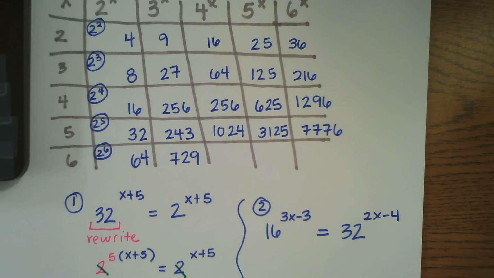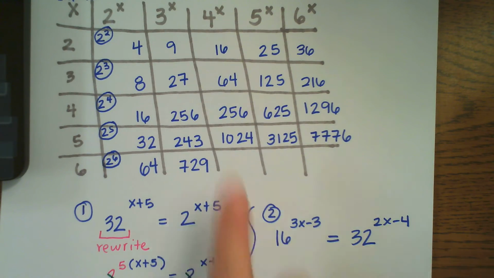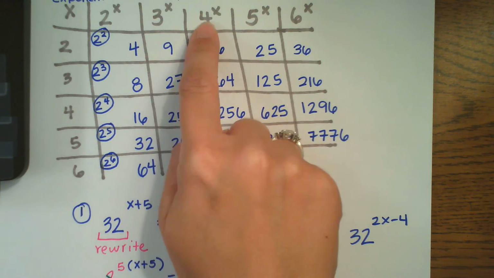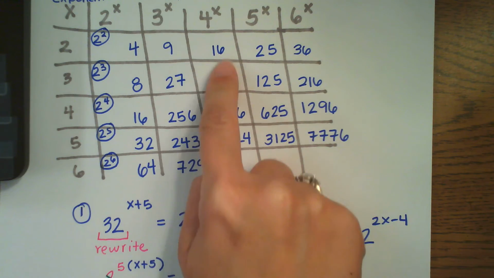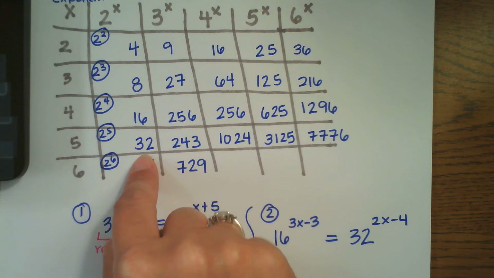So I'm checking out 16 and 32, and they have to be in the same column. I see 16 is 4 squared, but that doesn't help me because 4 to some power doesn't make 32. So I have to find 16 and 32, and they are both a base of 2.